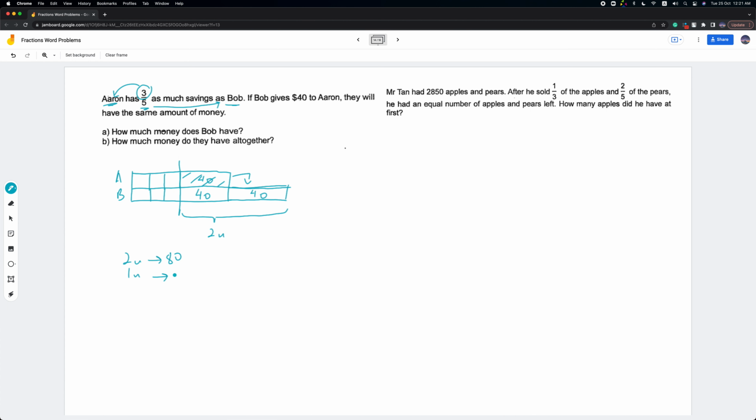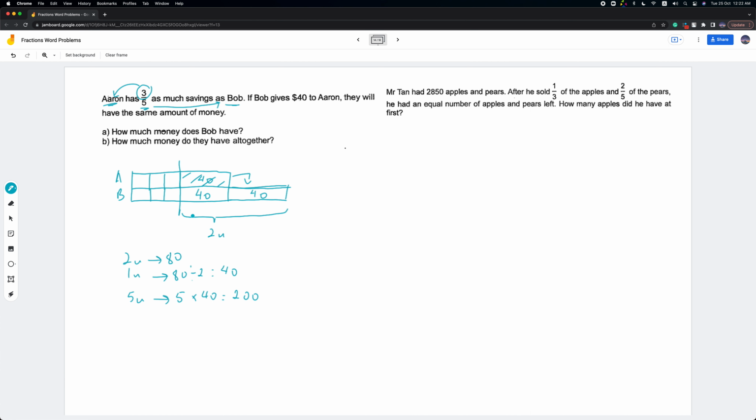1 unit is 80 divided by 2 equals 40. How much money does Bob have? Bob has 5 units. So 5 units is 5 times 40 equals 200.